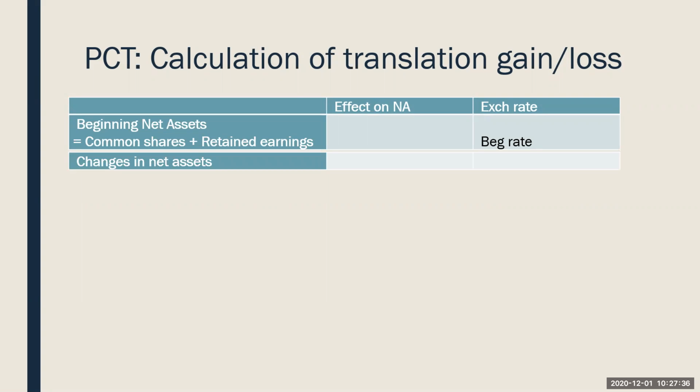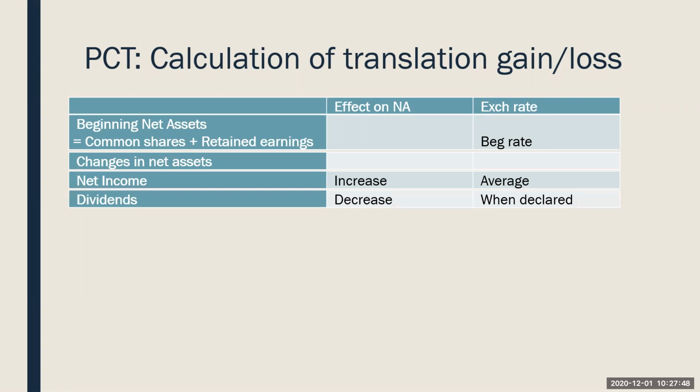Changes to the net assets during the year happen with net income. Net income makes net assets increase. You use the average rate for net income. Dividends make net assets go down. Use the exchange rate for when the dividends were declared. This will give us the ending net assets amount calculated.